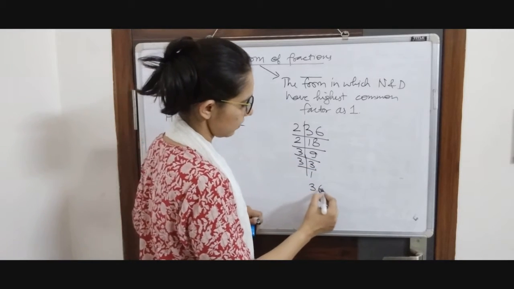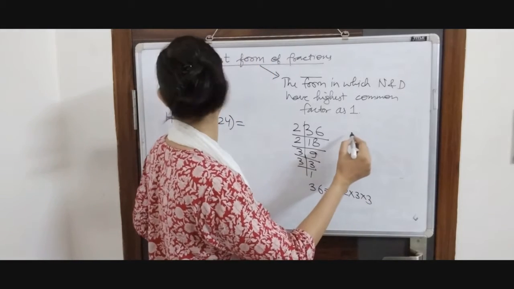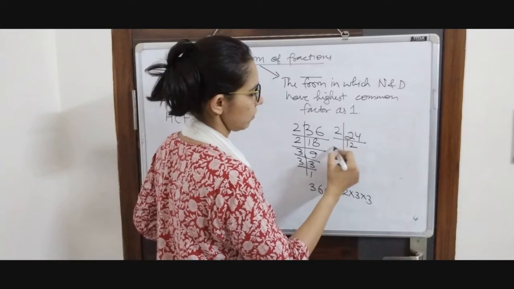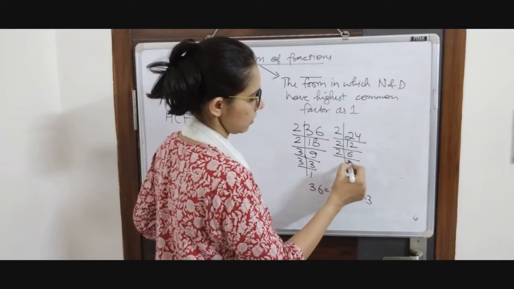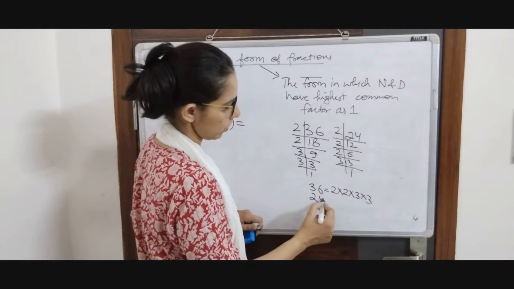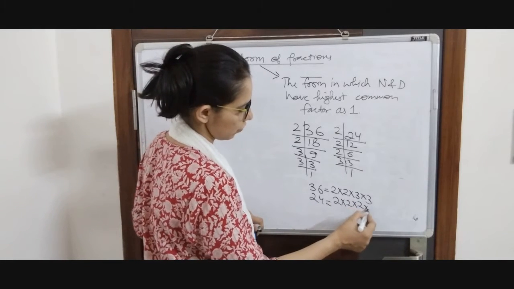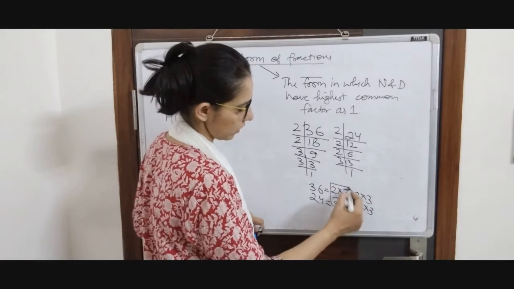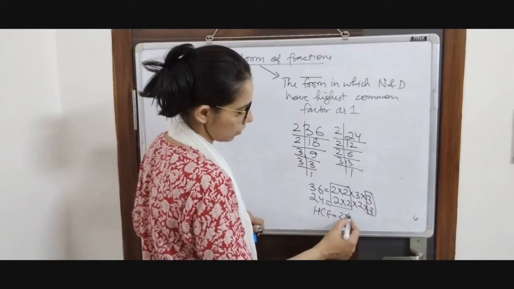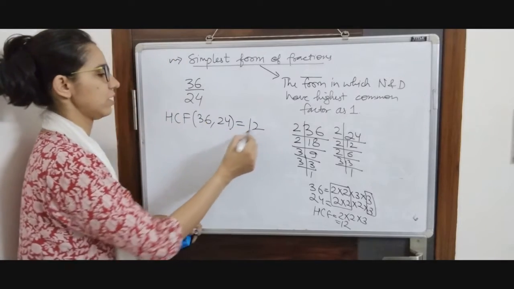So I can write 36 as 2 into 2 into 3 into 3. And 24 is 12, 6, 3, 1, so your 24 is 2 into 2 into 2 into 3. So our common factors are these, and your HCF is going to be 2 into 2 into 3, which is 12. So 12 is the HCF.